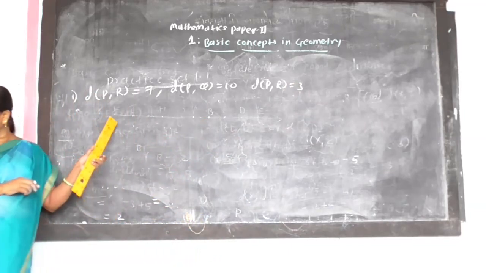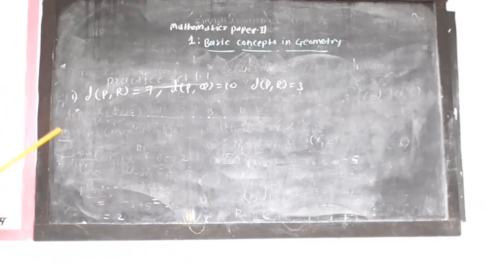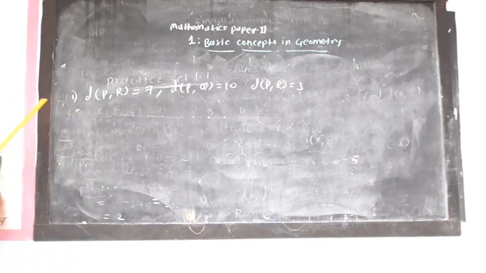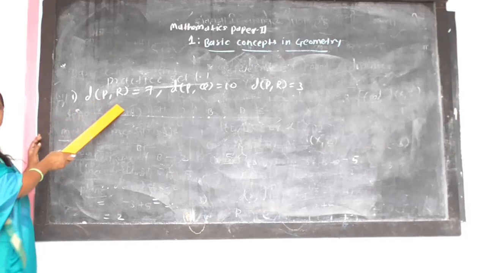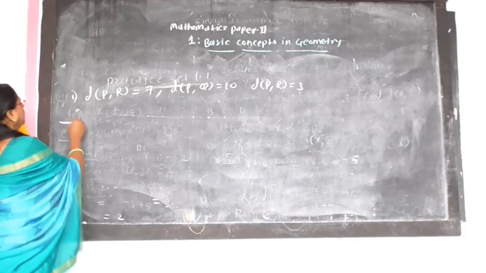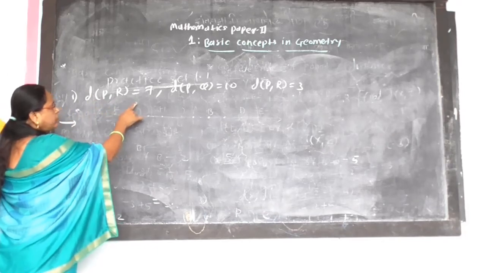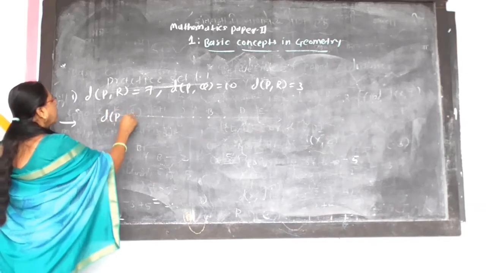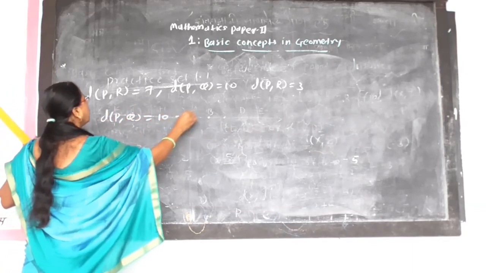From this example, we find which point lies between the other two and whether the points are collinear or not. For the given example, we write distance PQ equal to 10.